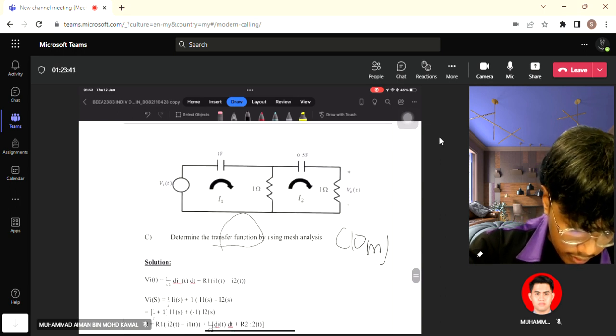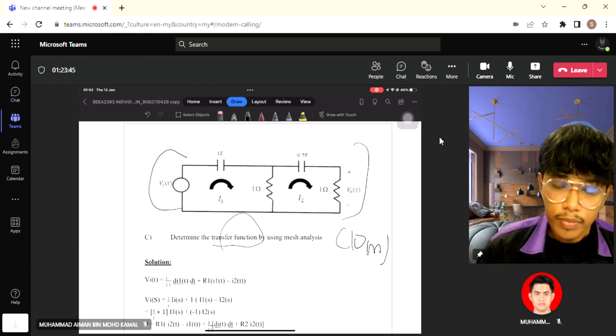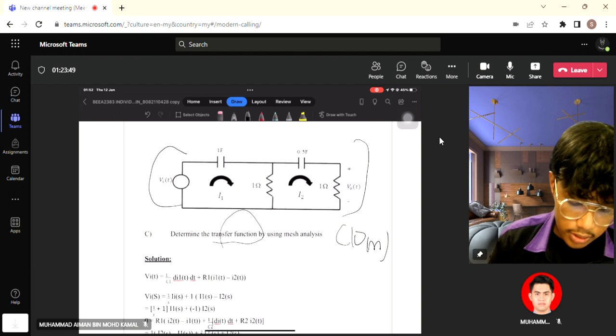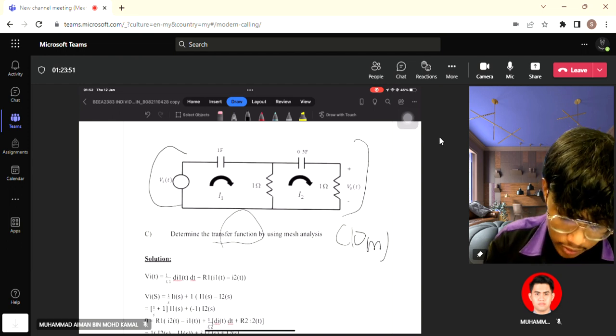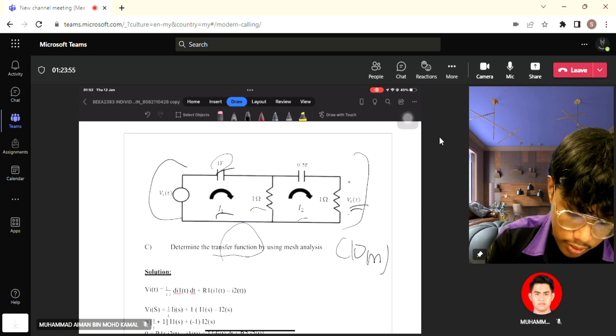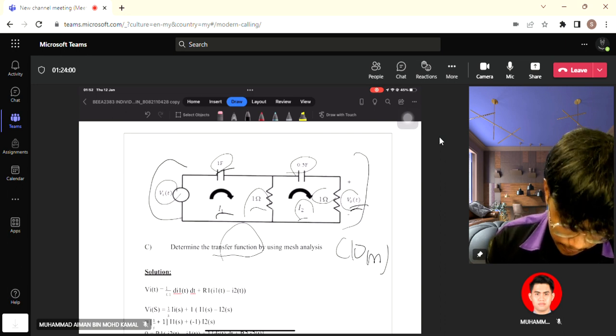First thing we must write down: redraw the figure. After we redraw the figure, we put down all the units. Make sure there's nothing left over, because we're going to make a simple mistake.